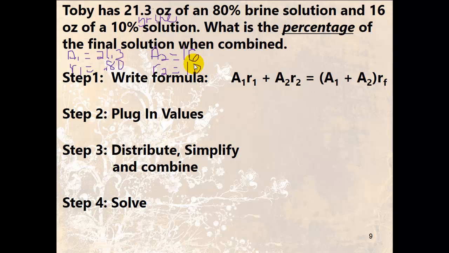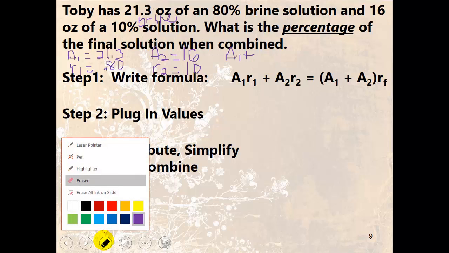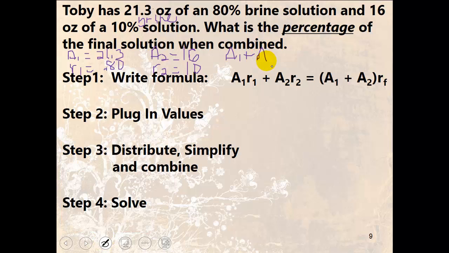And A1 plus A2, well, that's 37.3 ounces. And RF, that's what I'm looking for. That's my question mark. So let's just plug in.